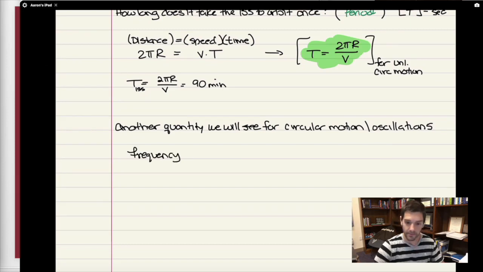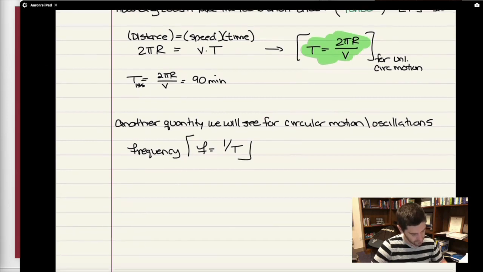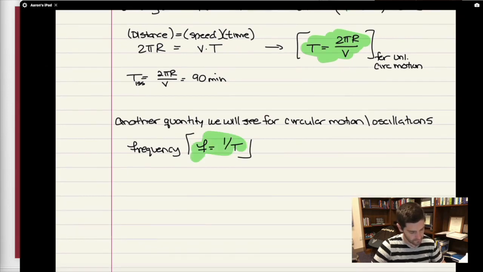I like to use lowercase f. Its formula is pretty straightforward. It's just 1 divided by the period. The units of frequency is then the unit of 1 divided by the unit of period.